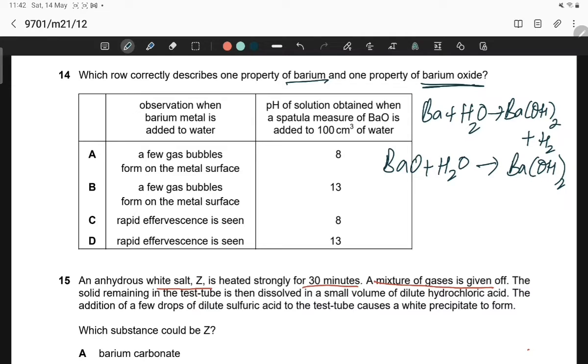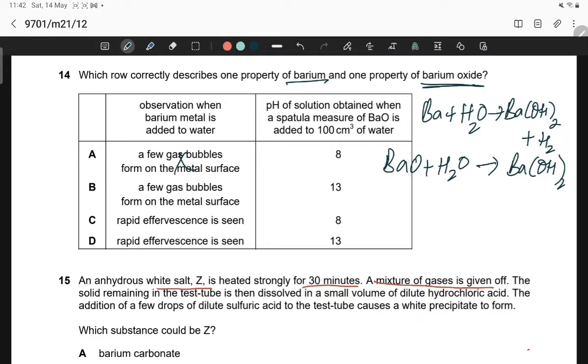Reactivity of metals increases down group 2, so not just a few bubbles are produced.